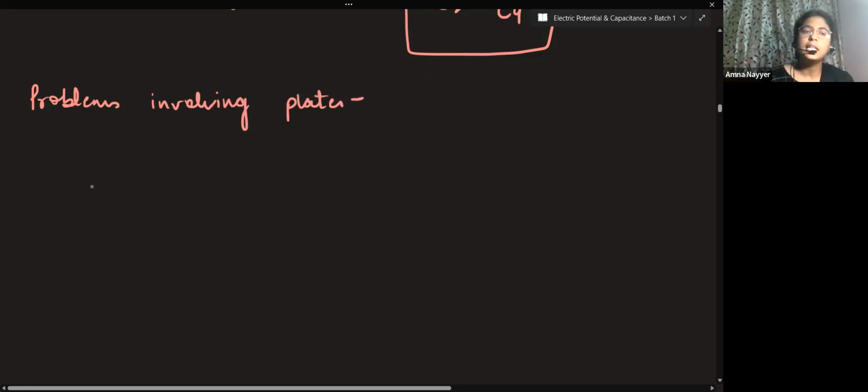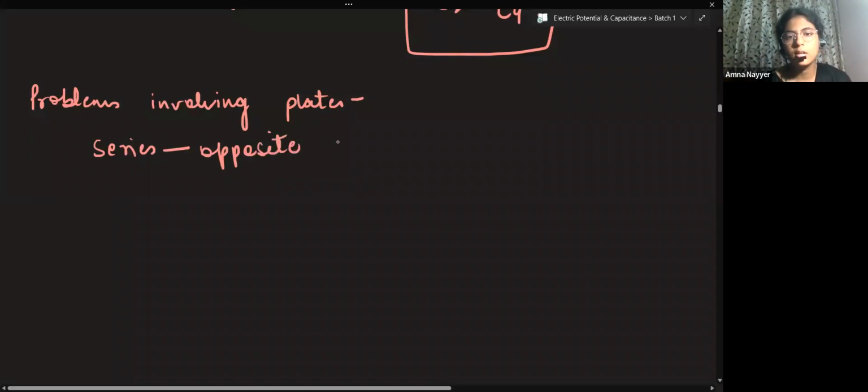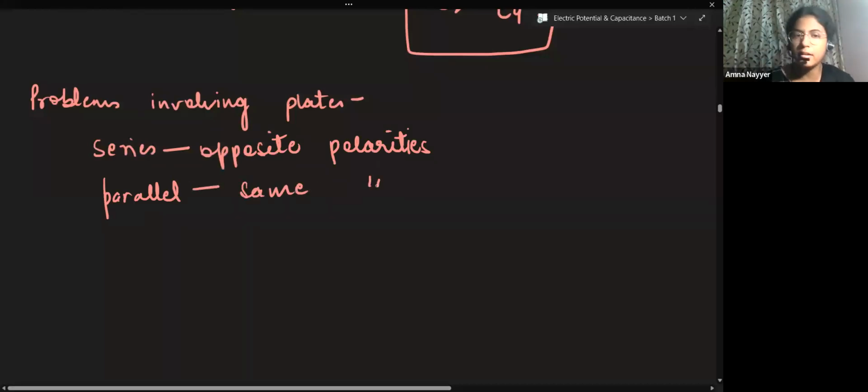Now, I'll be showing you how to identify it, but before that, just remember, if the plates have opposite polarities connected, then they are connected in series. And in case of parallel, if the same polarities are connected.